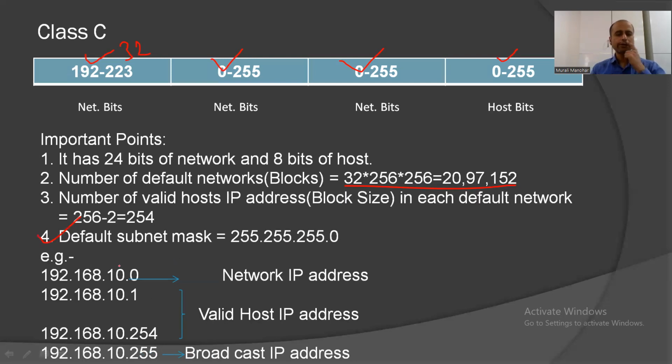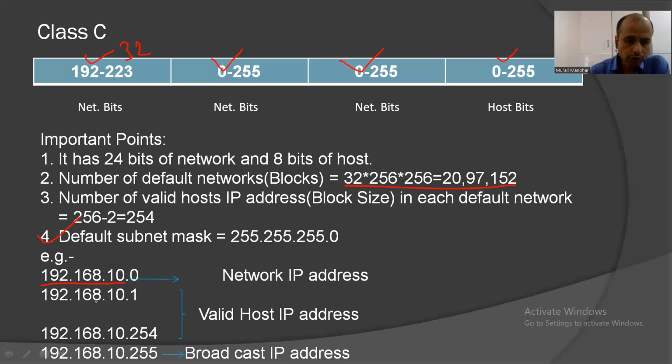Now, see one example. The example is 192.168.10. These three values represent a network, because in the beginning I have already explained that in class C the first three parts are used as network bits, or you can say used to represent different networks. If you make any change within the first group, second group, or third group, it means you are changing the network.